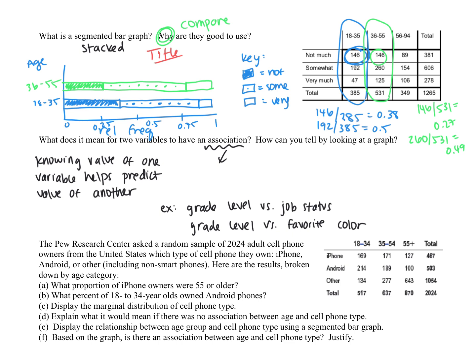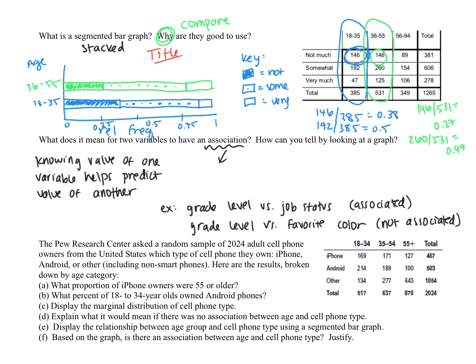Probably not. So I would say that the job status is associated, the favorite color is not associated. Now, it's not always super intuitive. There are associations that exist that don't necessarily make sense, they just happen to exist.